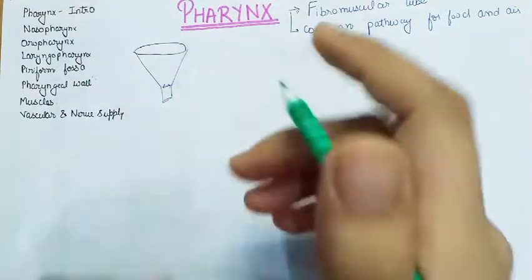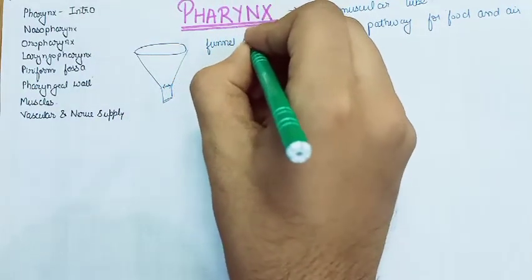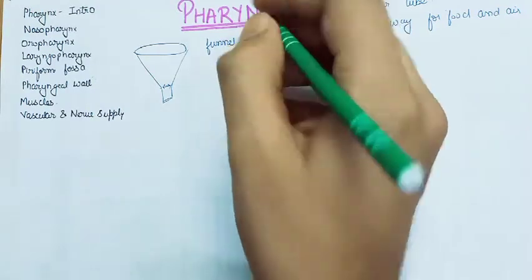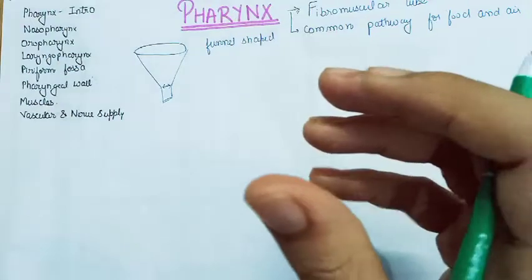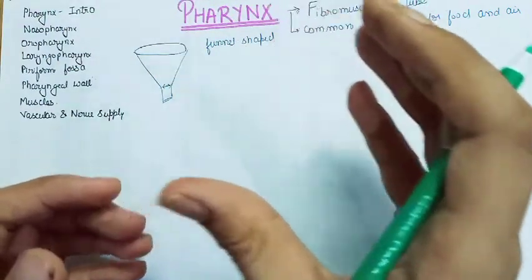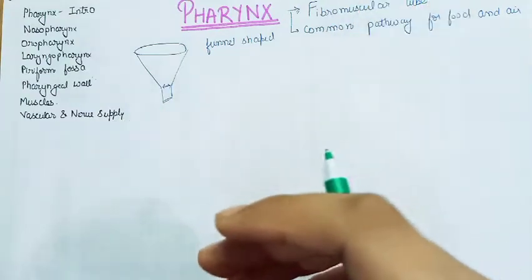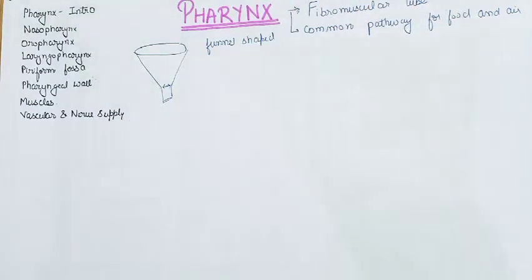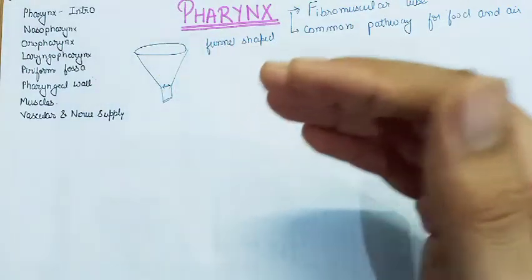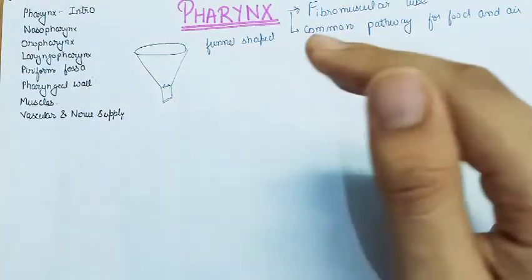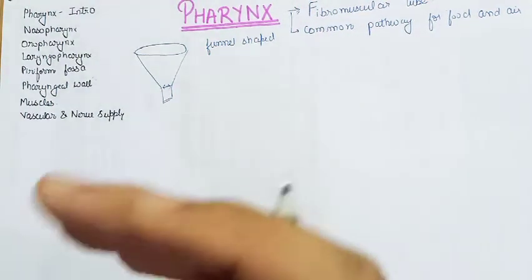As we say, it is a funnel shaped body part, we actually mean it, because in the body it is present in the shape of a funnel. We have constituent funnels. We'll come to know about the muscles of the pharynx and more detail about the shape. So it is a funnel shaped fibromuscular tube which is a common pathway for food and air.